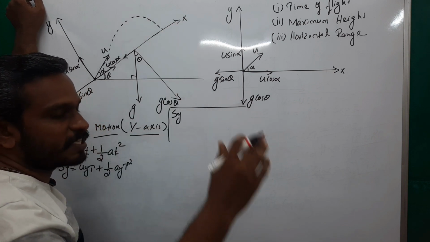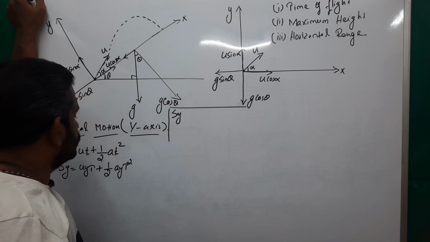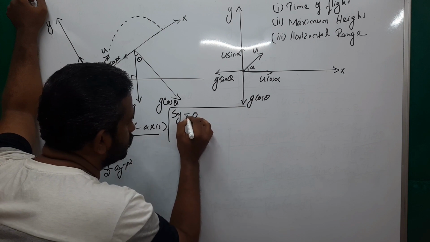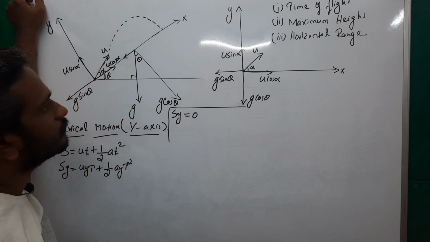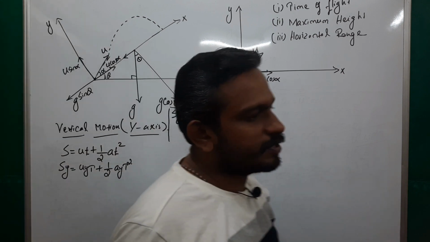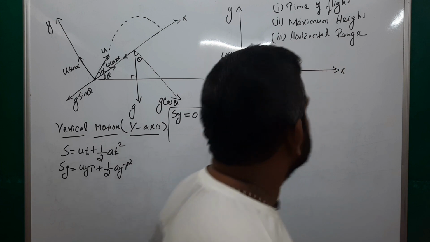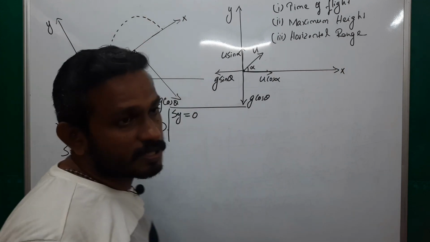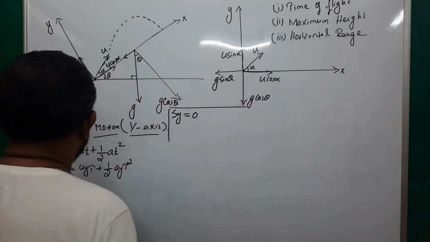So the vertical displacement of the projectile is Sy equal to 0. Displacement means the distance between the initial point and the final point. The initial point is on the x-axis and the final point is also on the x-axis, so the vertical displacement is equal to 0.